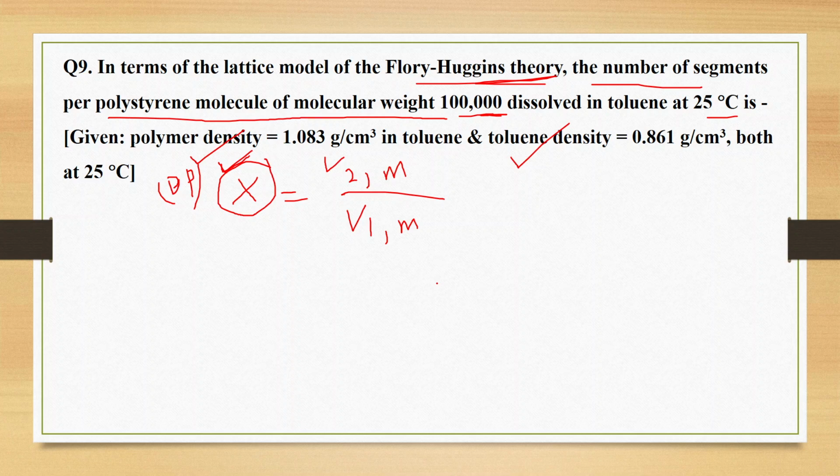I have written down the equation. I am telling the solution constantly: you have to calculate the molar volume, and the simple thing is V is equal to m by rho. So all that you need to do is calculate m2 by rho 2 and m1 by rho 1, and you will get your x value.